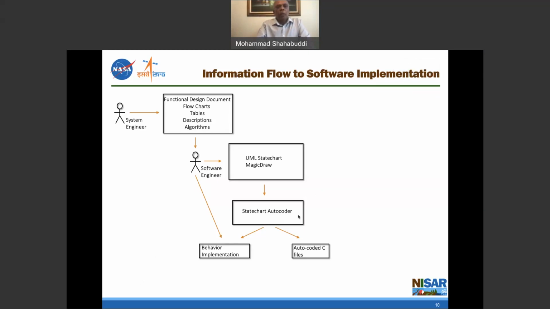Once we have built that in human language in Magic Draw, it goes through the state chart AutoCoder. The state chart AutoCoder provides autocoded C files, and it also provides a kind of shell or template C files where the software engineer can then put the behavior in that file.